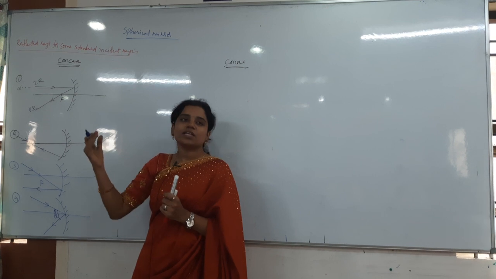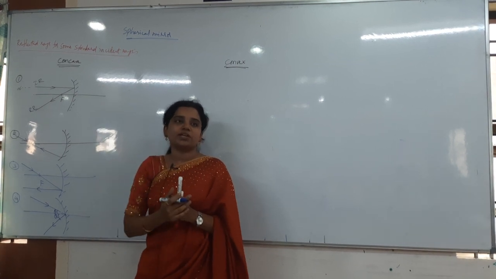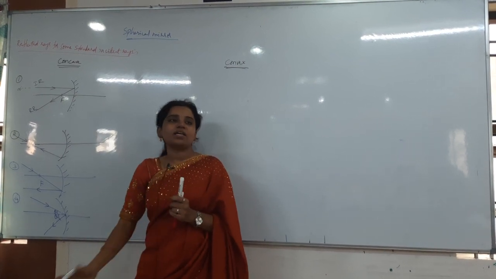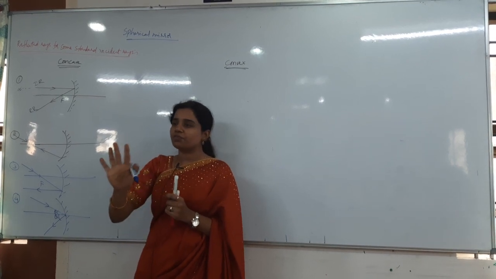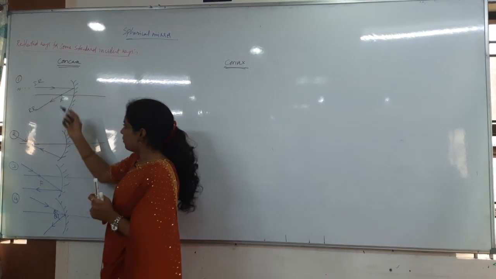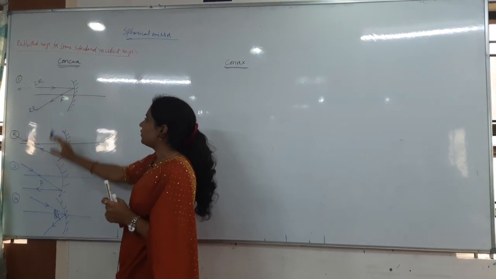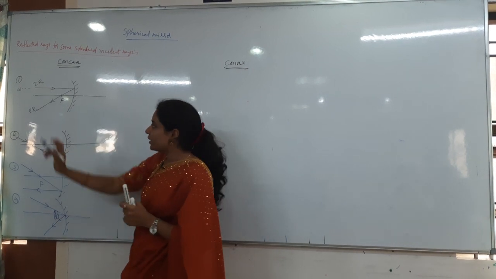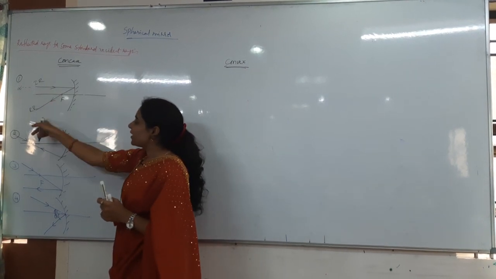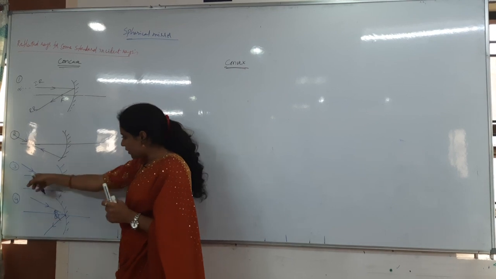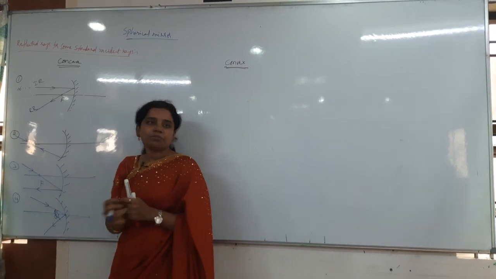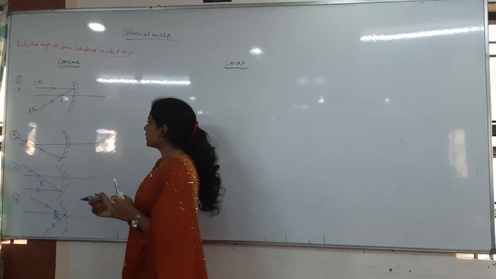Whenever the ray is incident on the pole itself, it will reflect back with the same angle. These are the 4 fixed rays. Whenever you see the first one and the third one, both are opposite to each other. Here incident parallelly, reflecting through the focus. Here incident through the focus and reflecting parallelly. Clear? That is about the concave mirror.